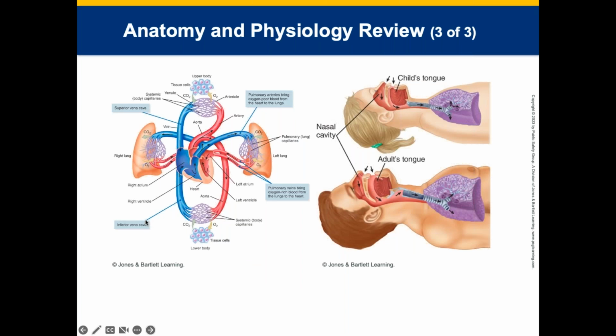So this figure here on the left illustrates a pulmonary circulation. The figure on the right compares respiratory systems of a child and an adult. Okay. Look at the size difference of the nasal cavity, right? The child's a little bit smaller. Obviously, they're growing. Okay.